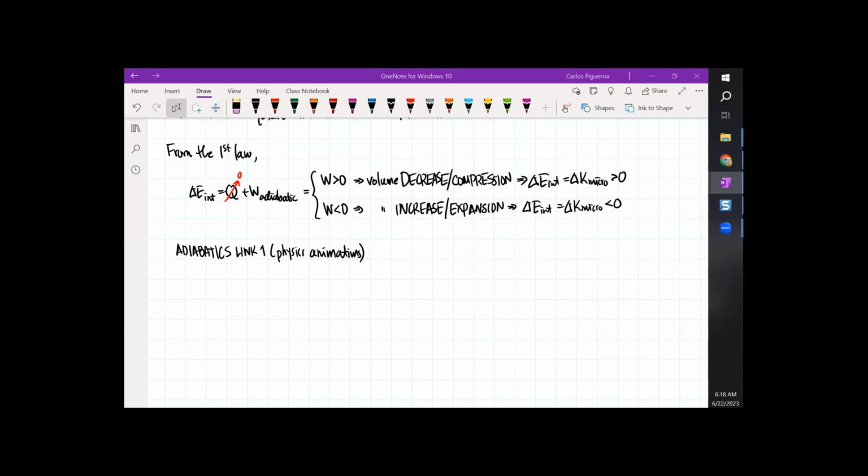So what I want to do here is share my screen. Let's look at this. So what do we have here? We have adiabatic compression.